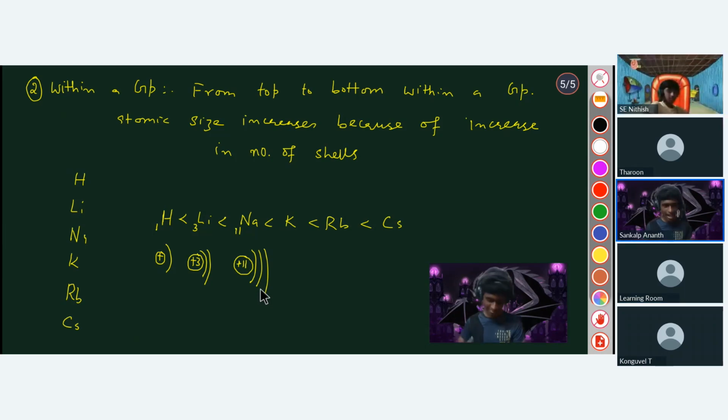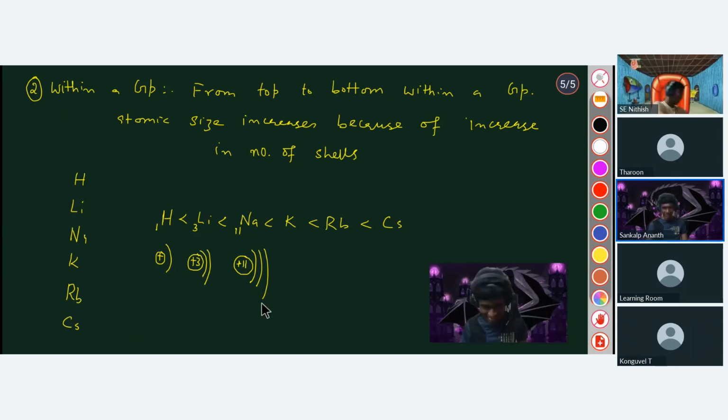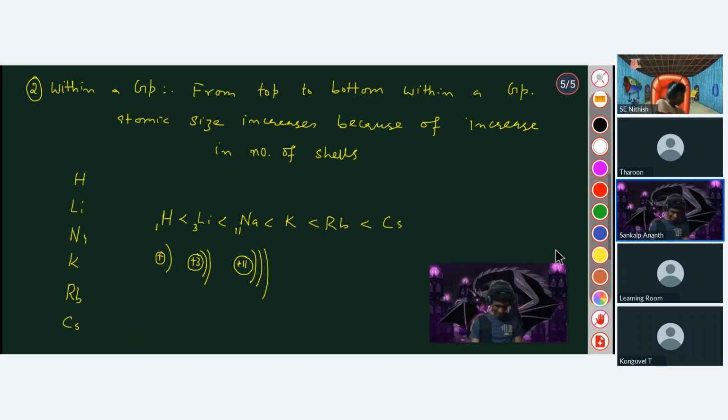Ha, Nitish, you couldn't figure this out. What is wrong with this guy, sir? Sankar, what happened? Sir, there's something wrong with him. No, sir, it's just that Nitish is annoying all the time. I didn't even open my mouth, sir.